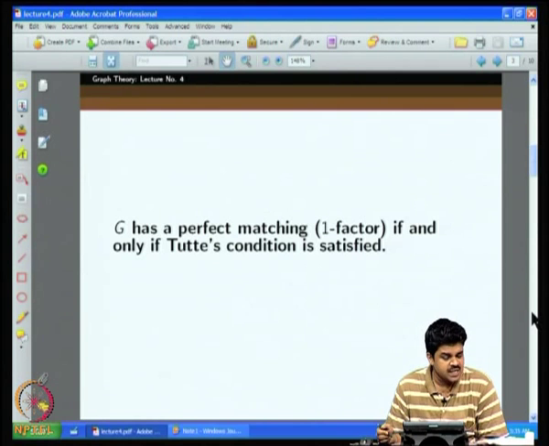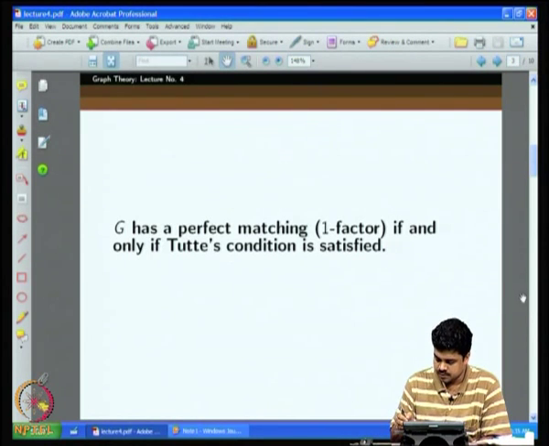One side is very easy. For instance, if you want to check that Tutte's condition will be satisfied if a perfect matching is present in G, how will we proceed? This is the way.